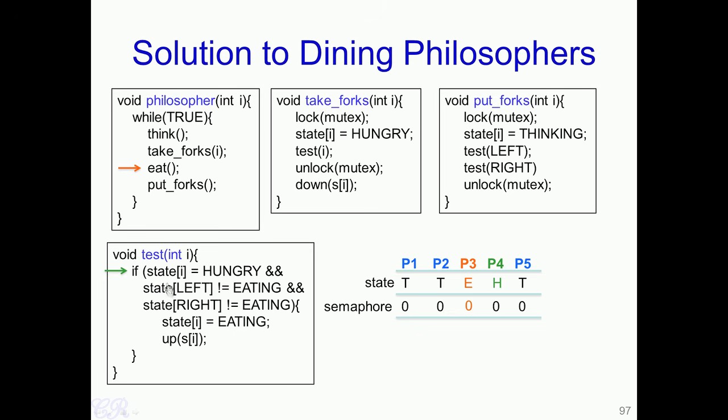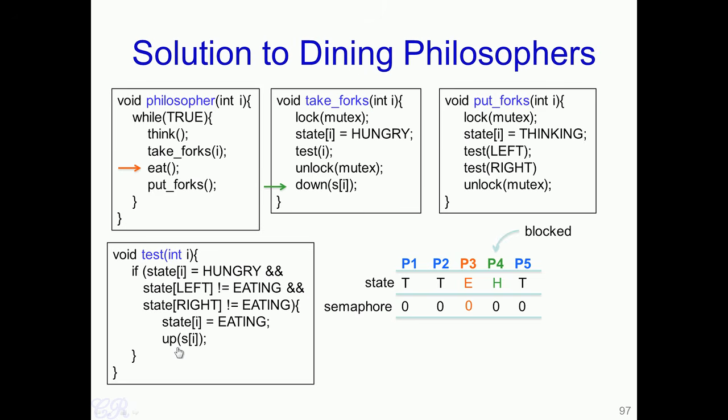In test(i) we see that the first condition is met for philosopher 4 because P4 is indeed in the hungry state. However, the state of the left philosopher is eating. Therefore, this entire if condition evaluates to false, and execution does not enter this if, rather it just skips the if part of it.